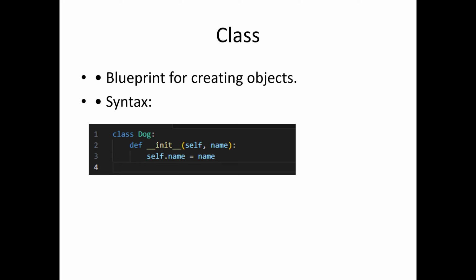The class concept is basically the blueprint for our objects, such as how you see right here. The class is named Dog, and in it we have self.name. The self is what the object is called, and of course the name is going to be the name.